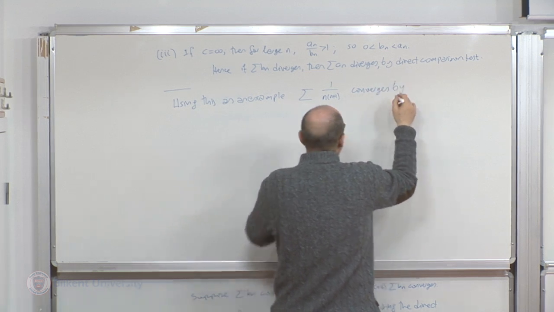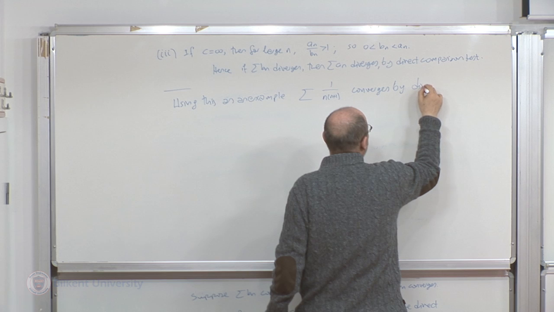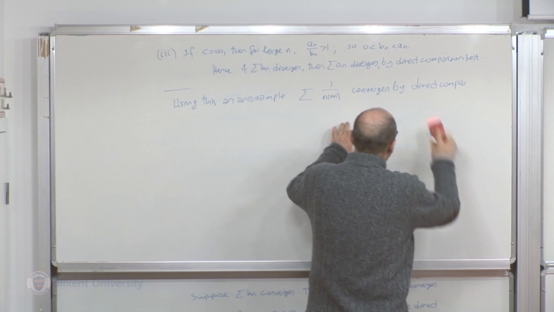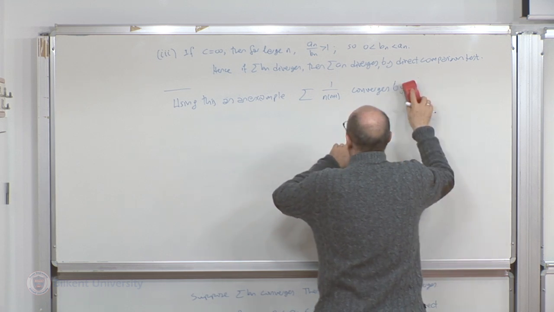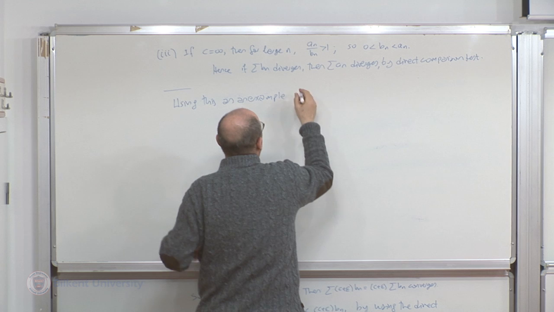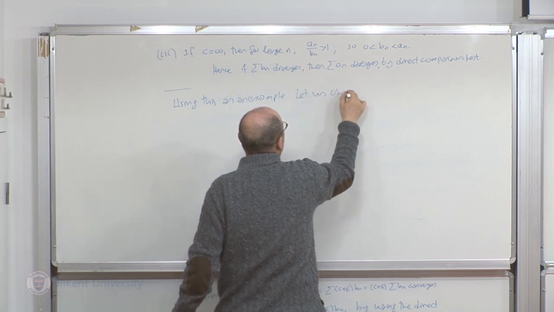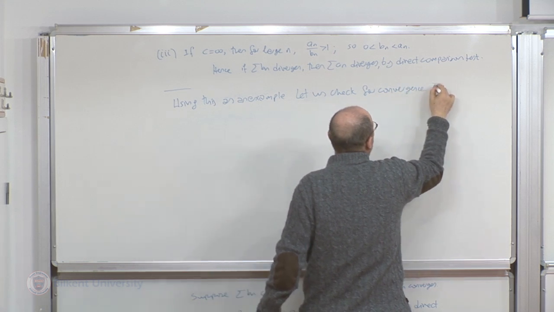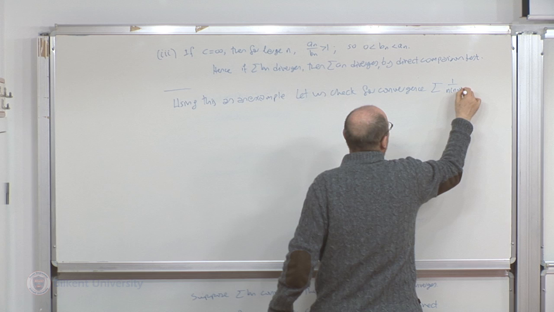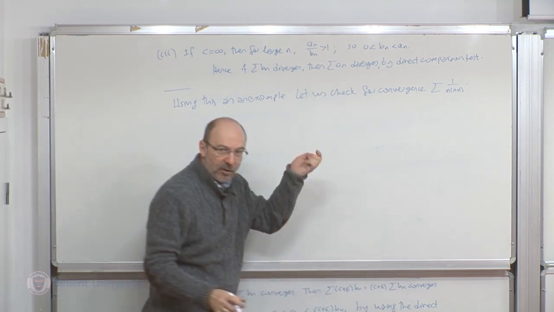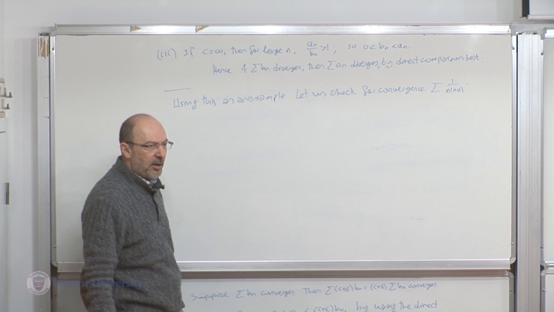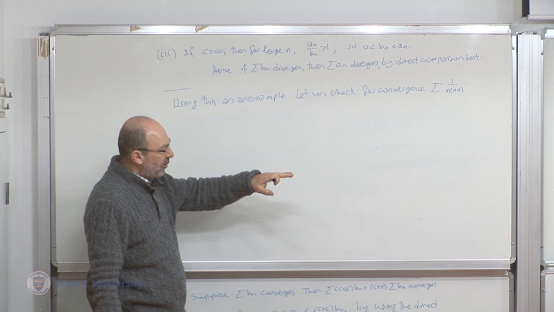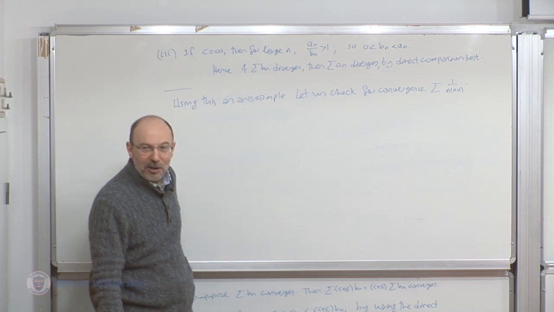This is an exercise, because we know that this is a telescoping series. It adds up to a real number. We know everything about this. We are now trying to test our tests to see if they work properly.